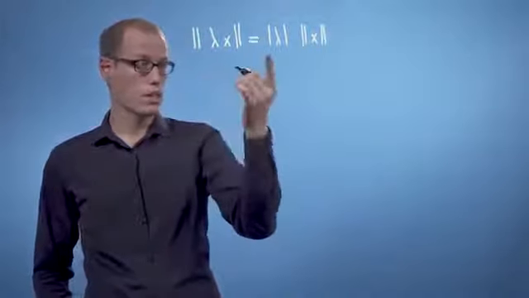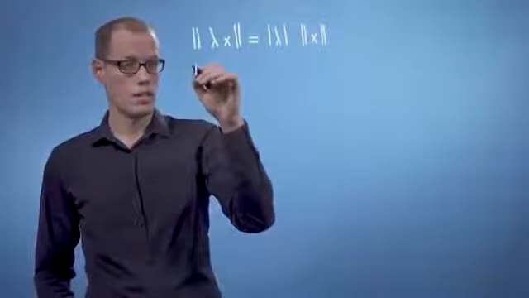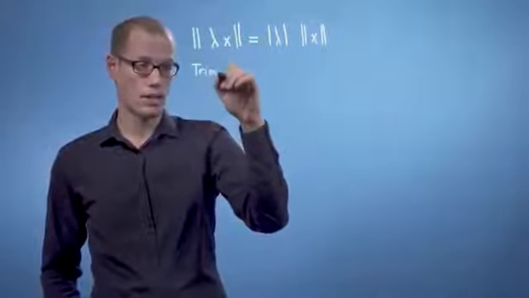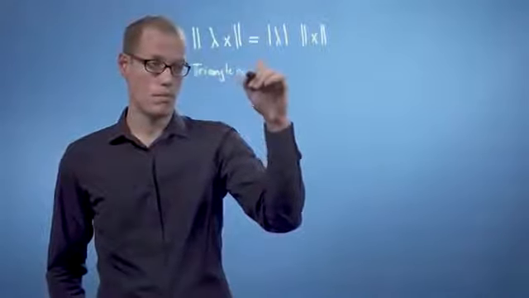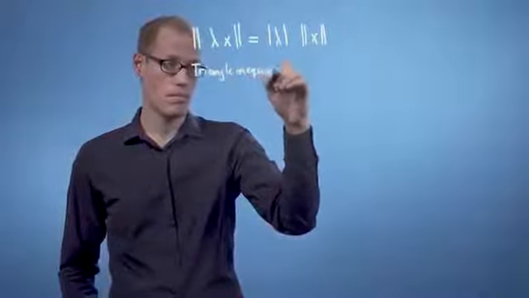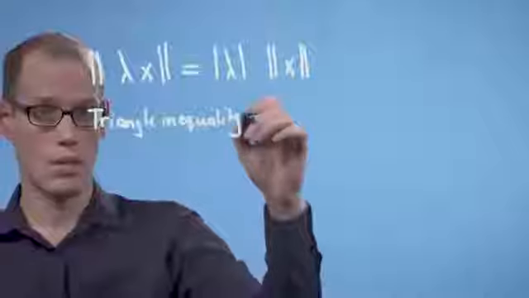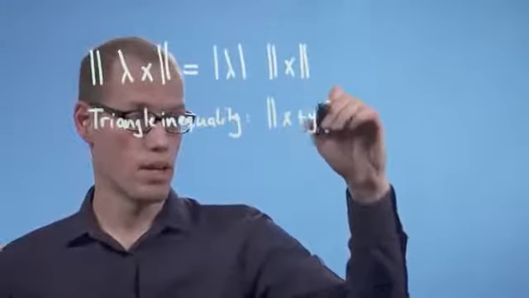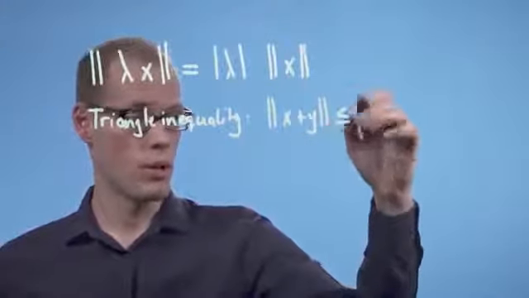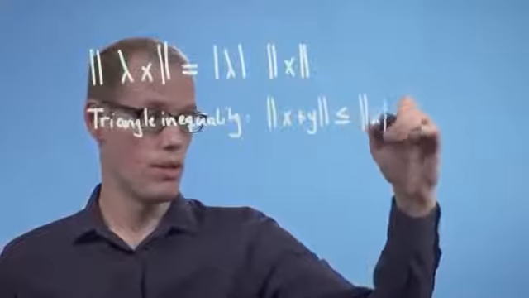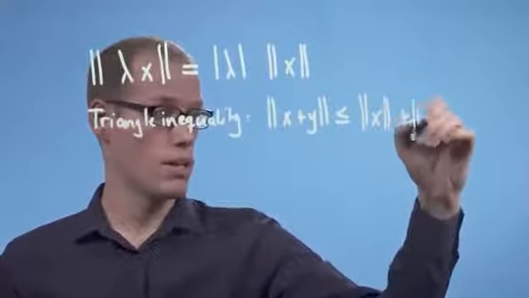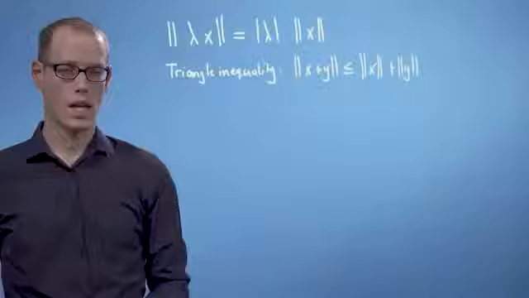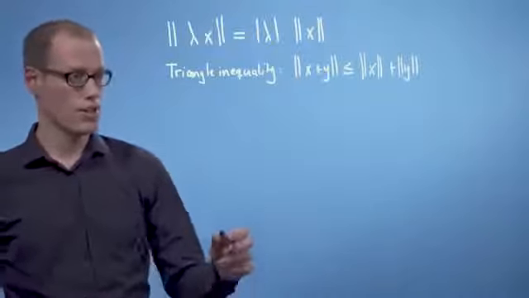The second property is the triangle inequality, which says that the norm of x plus y is smaller or equal to the norm of x plus the norm of y.